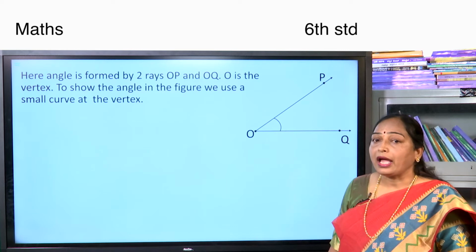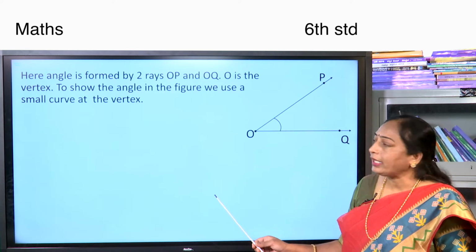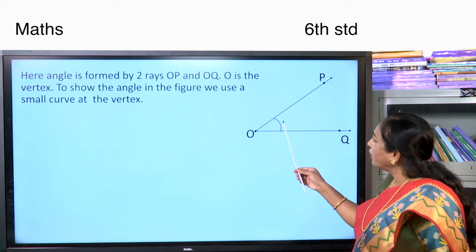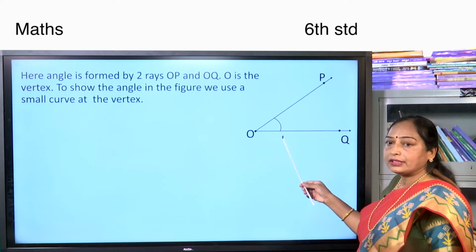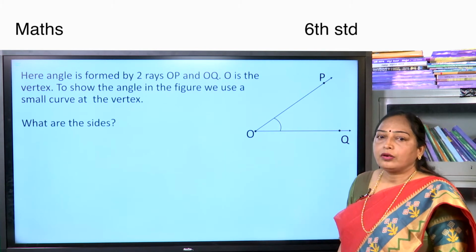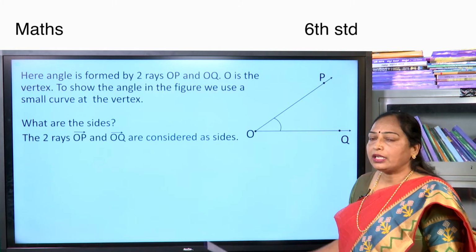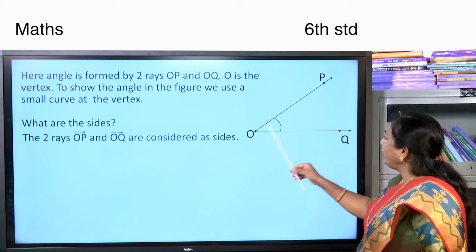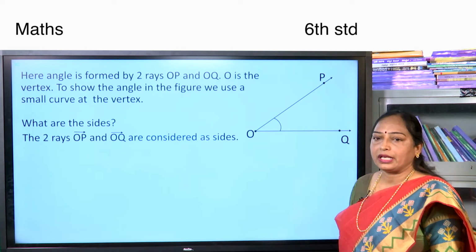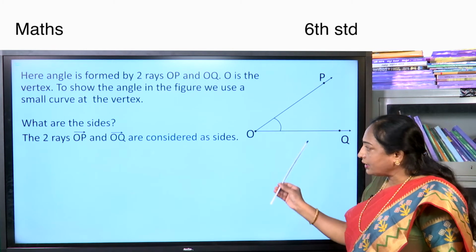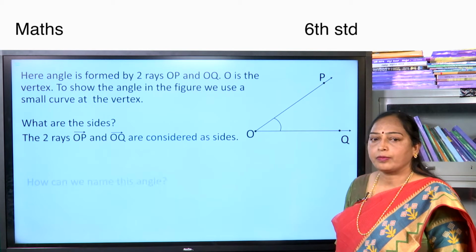To show the angle in the figure, we use a small curve at the vertex. What are the sides here? The two rays OP and OQ are the sides.